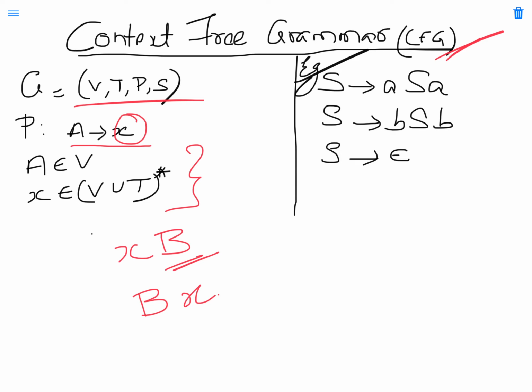In context-free grammar, what is the condition? It takes the form A gives X, and X can be any symbol that belongs to variables and terminals.